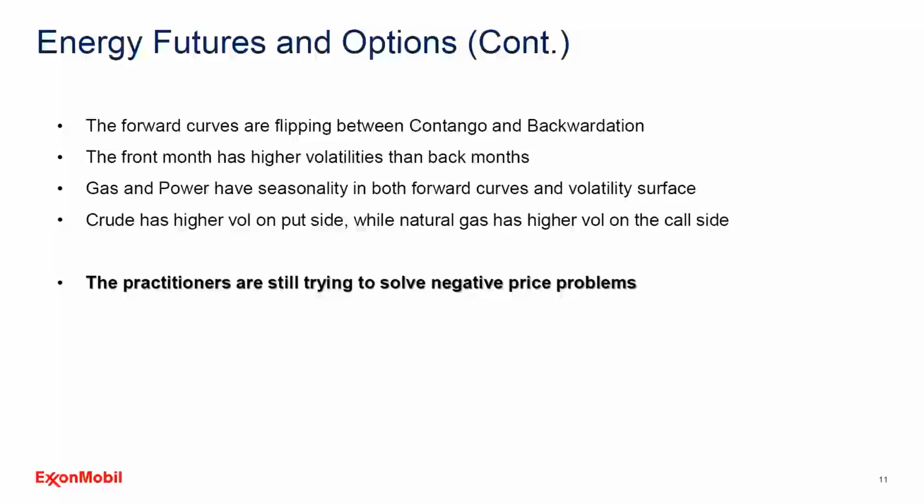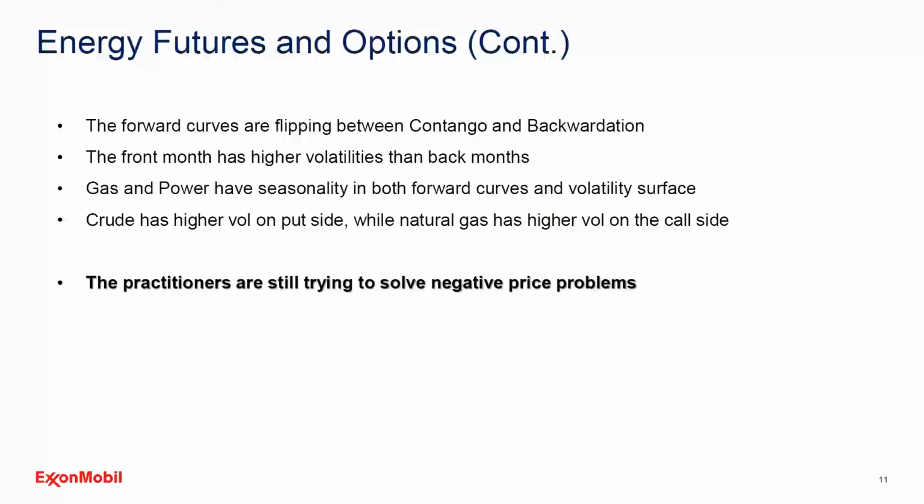This page summarizes some characteristics of futures and options in the energy market. The forward curves flip between either contango or backwardation. Contango and backwardation are commodity terminology, basically standing for whether the slope of the futures curve is upward sloping or downward sloping.